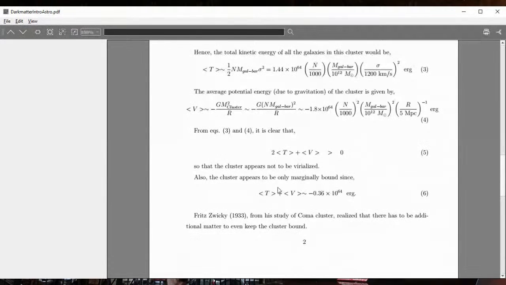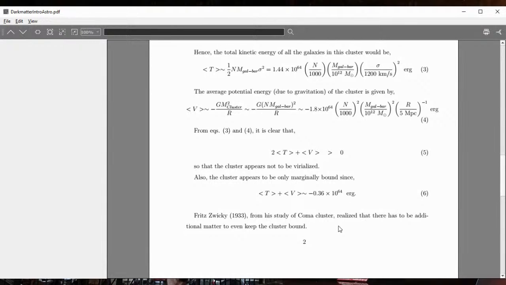And this was the argument given by Fritz Zwicky in 1933 when he made a detailed study of the Coma cluster. He found that for such high dispersion velocities, n times the baryonic mass of a typical galaxy cannot keep the Coma cluster bound.